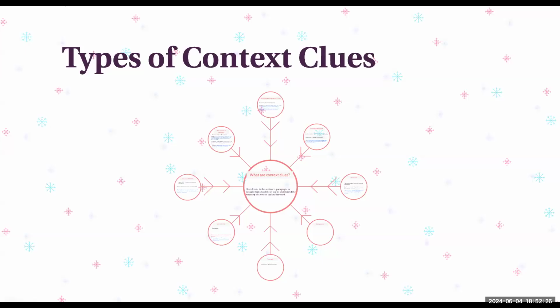So today we're going to be talking about context clues and different types of context clues. Now, context clues are basically when you are looking at a sentence and it scares you because you don't understand everything in that sentence, right?